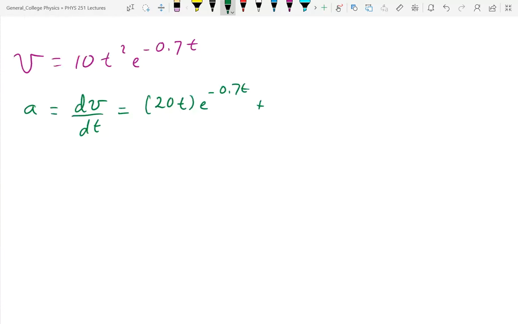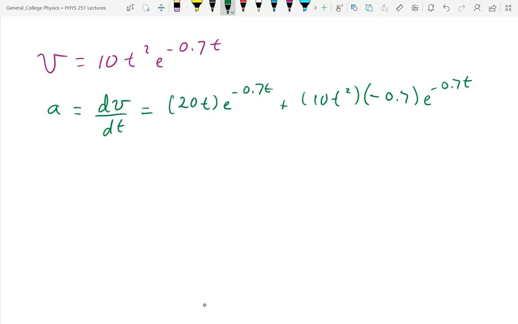And then I take the first times the derivative of the second, and so I have, in the simplest form, I can factor out a t e to the minus 0.7t.